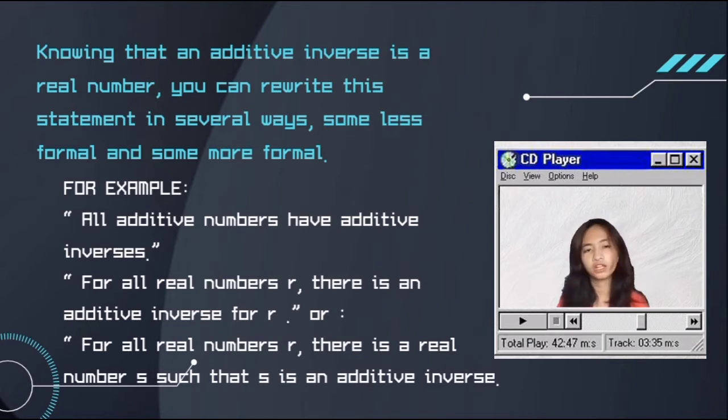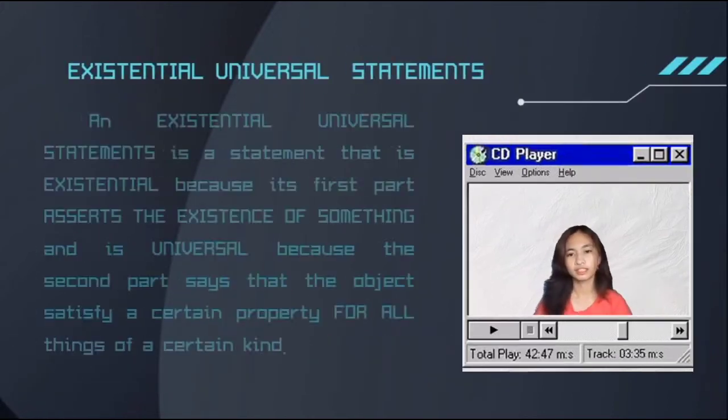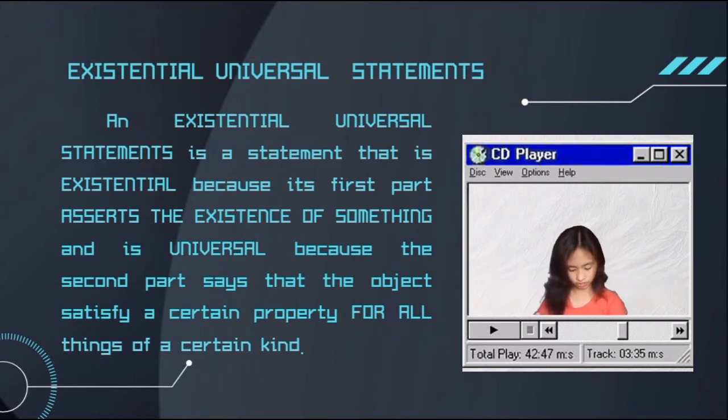Or for all real numbers r, there is a real number s such that s is an additive inverse for r. The last combination is the existential universal statement.